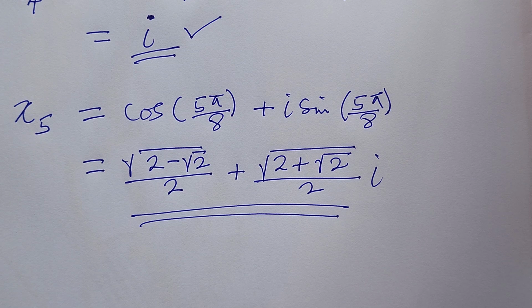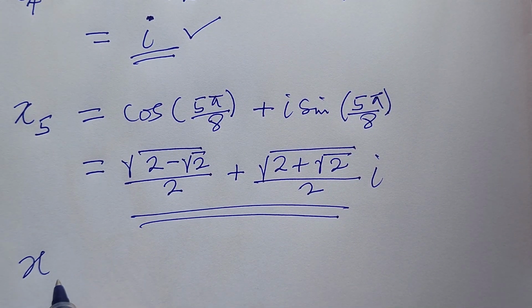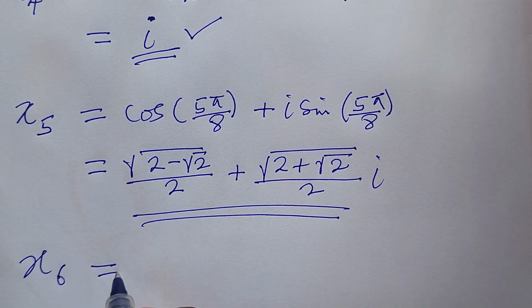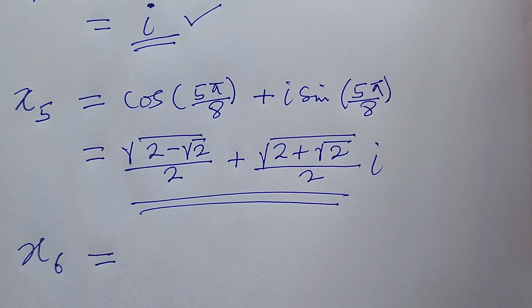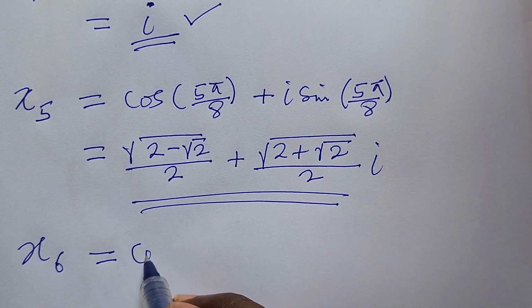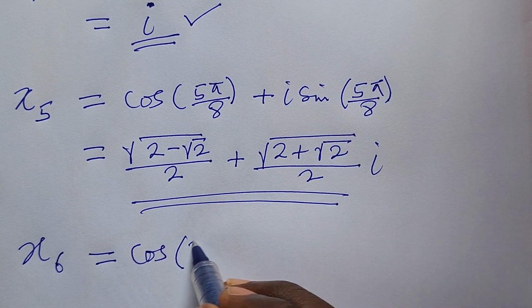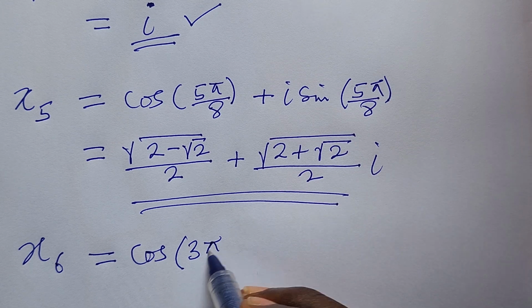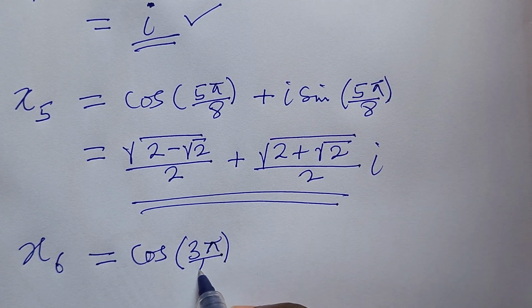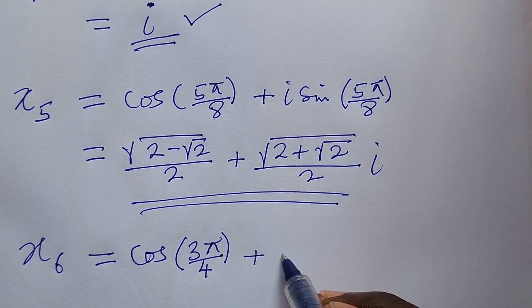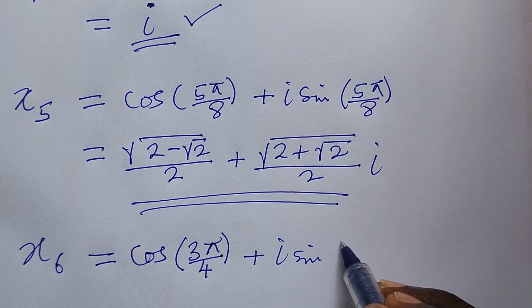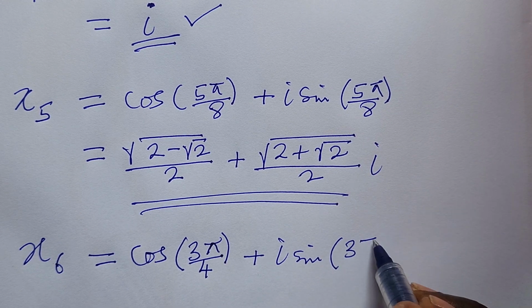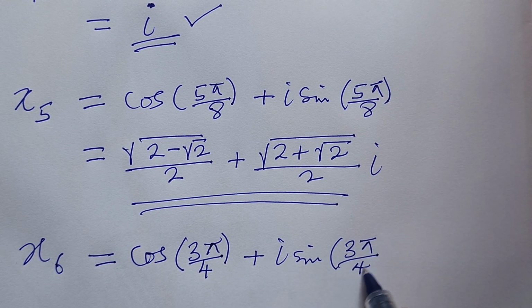So let's go ahead and look for our x subscript 6. When we put this into the original equation, this will give us cos(3 pi/4) plus i sin(3 pi/4).